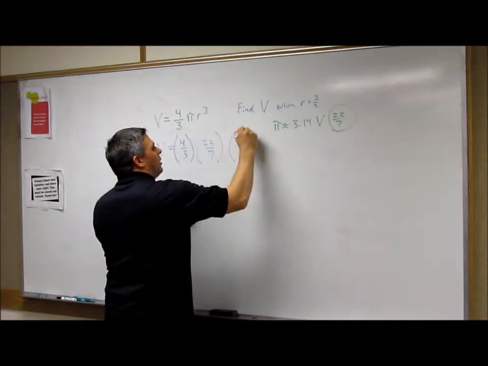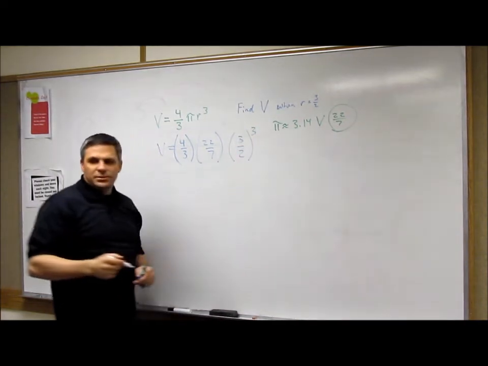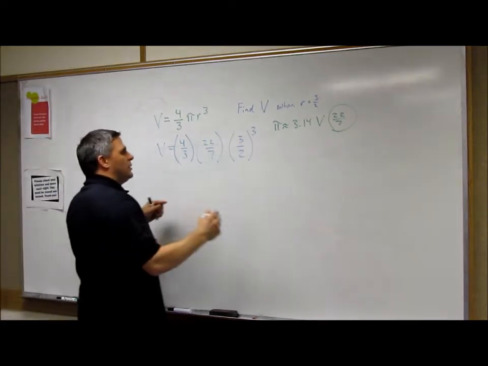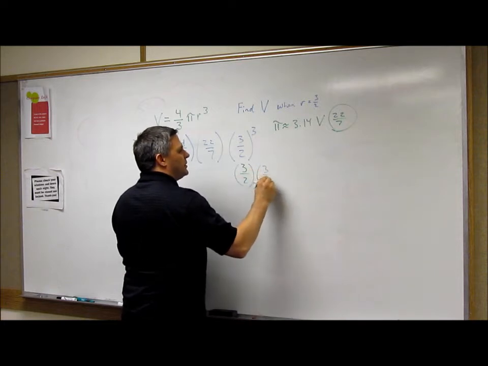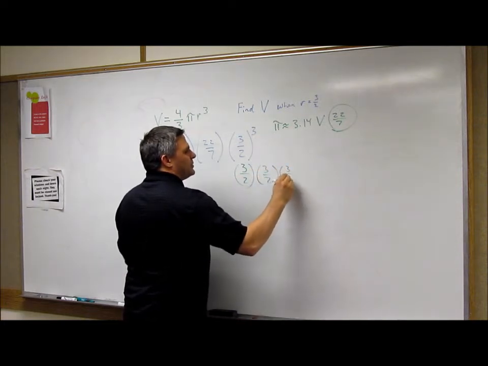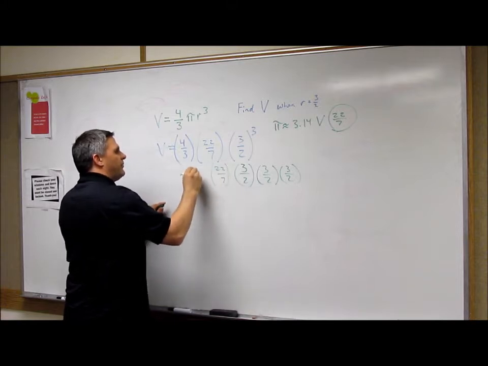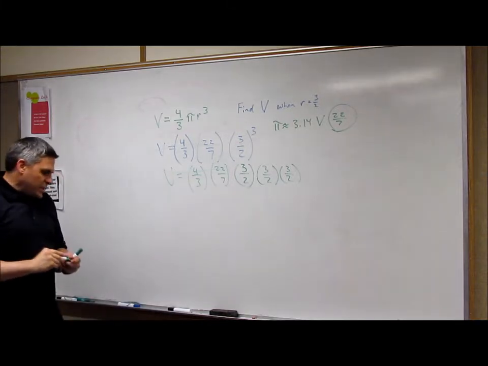What is R? 3/2 cubed. Now what does cubed mean? Cubed means that's 3/2 times 3/2 times 3/2, and 22/7 and 4/3. Okay? That's what cubed means.